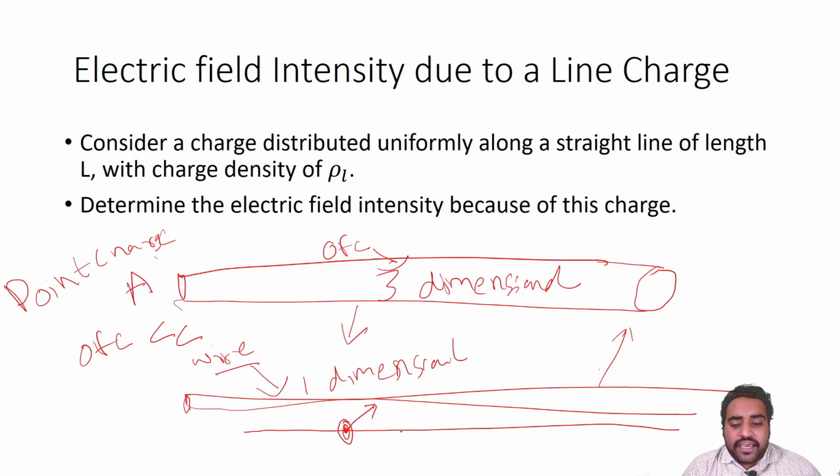Similarly, I can also determine the electric field intensity because of this point, this point, this point, and so on. But the difference between discrete charges and continuous charges is that now I cannot add them up, because it is physically not possible to separate a continuous charge distribution. So what I would do is use integration instead of summation.